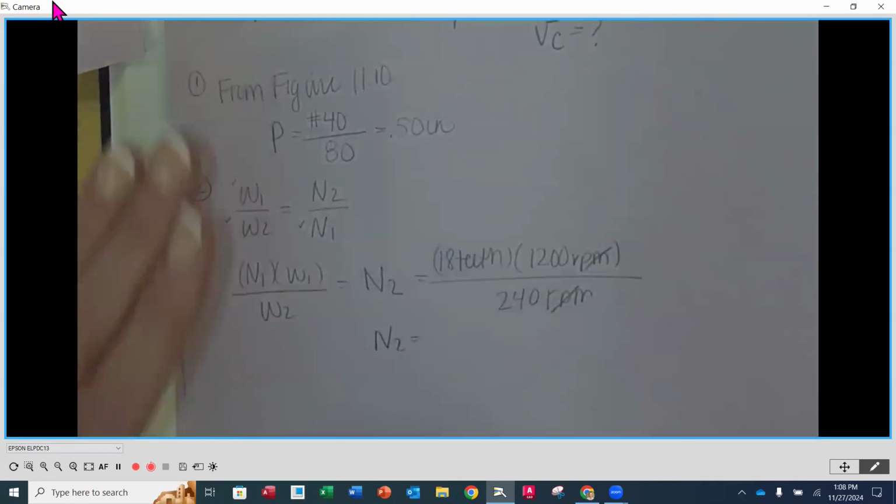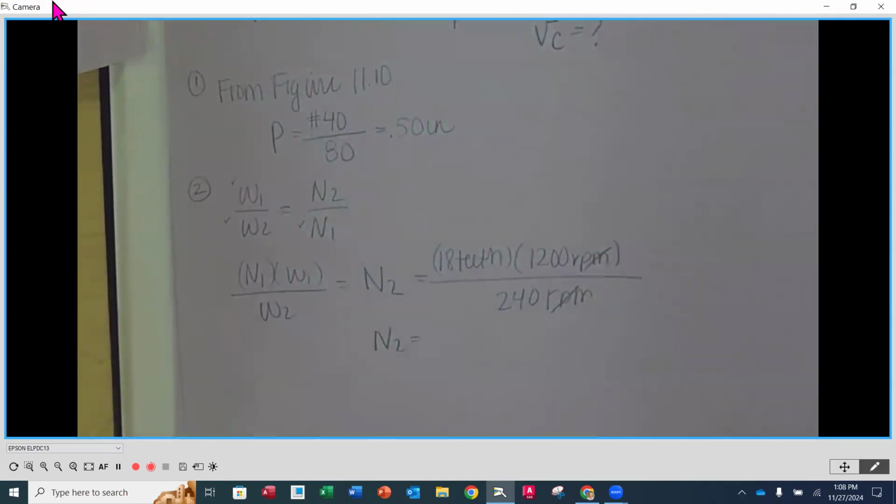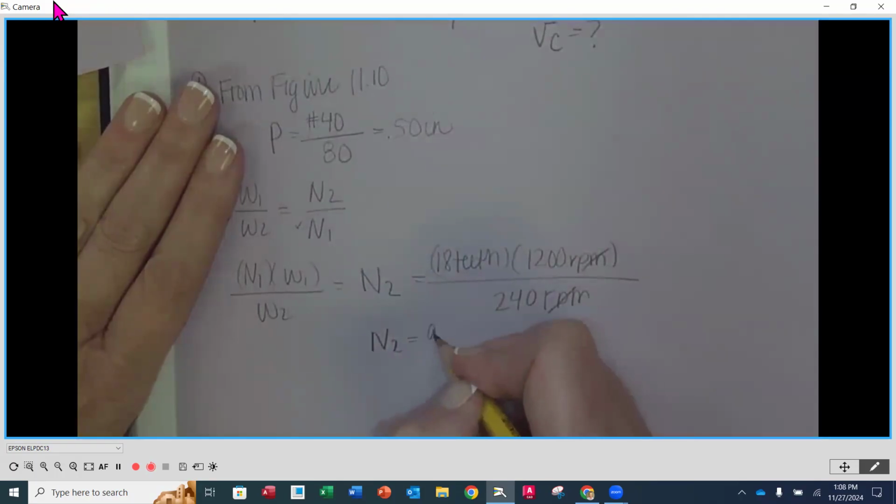And my N2, what do we get? 90 teeth. Tyler got 90. Did anybody else get that? Yep. Okay. So this is going to be 90 teeth.